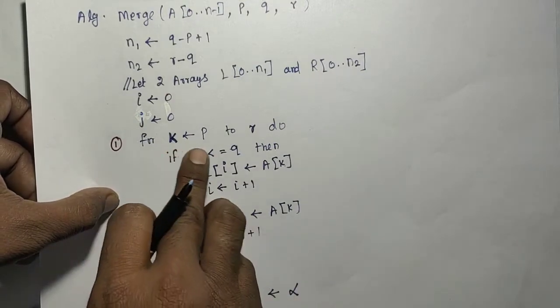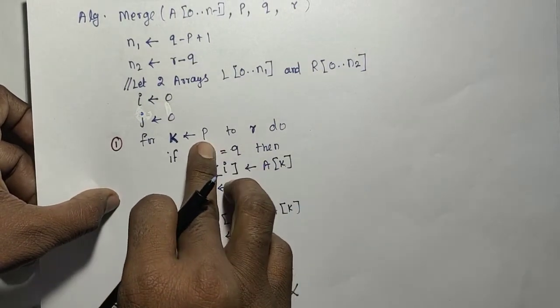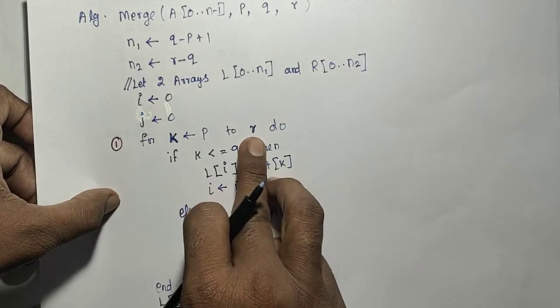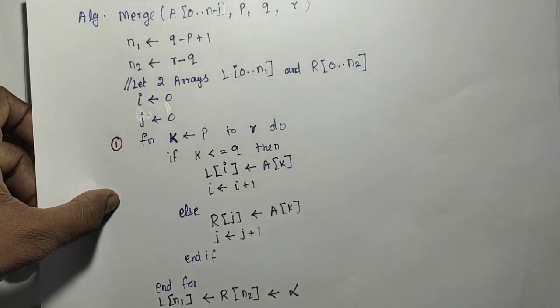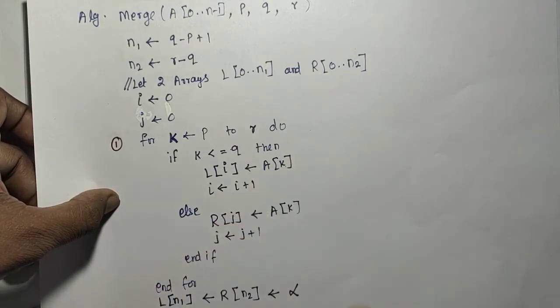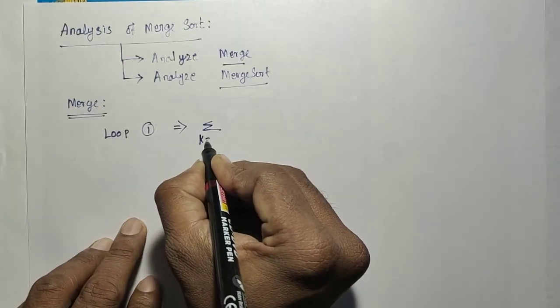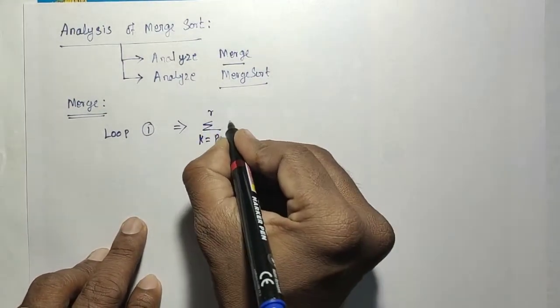Okay, because that entire loop is going to be executed exactly for k equal to P to R. The loop will not get terminated in between due to some conditions here. So I can write the loop is executed k equal to P to R and 1.